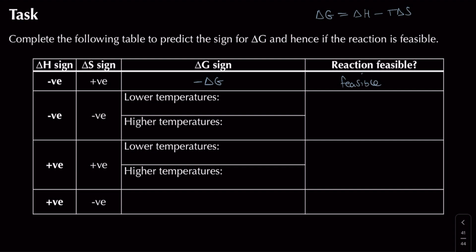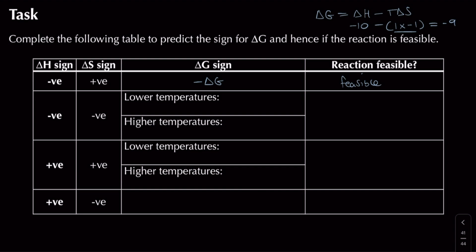Well, we've already looked at this example over here. If you deal with a negative delta H and a negative delta S, again, let's say I've got -10 and I'm subtracting a value of 1 times something like -1, we would end up with a value of something like -9. Because we're subtracting a negative number overall, 1 times -1 gives you -1, that negative number just becomes less negative.